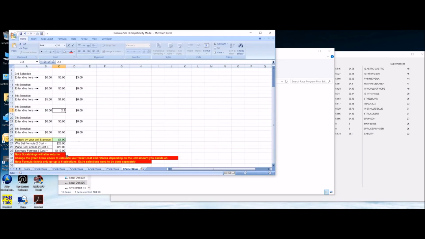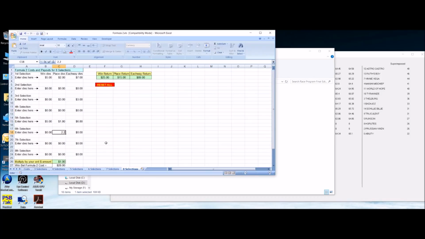So it's cost you $28. I mean, $112. That's just for the win, or $28 is just for the place, but to have it each way, $112 for the full dollar. Your return is $89.